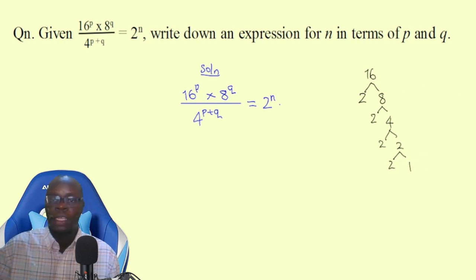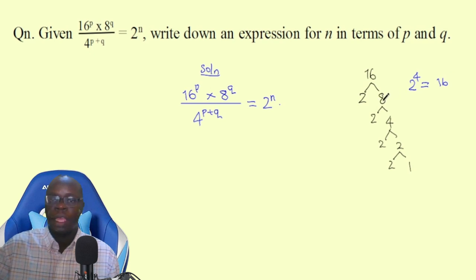So 16 can be expressed in terms of 2 as 2 to the power 4, because 2 appears four times when we multiply to get 16.